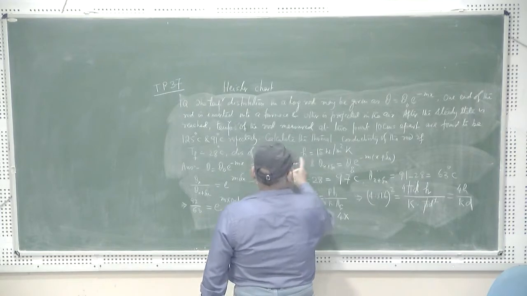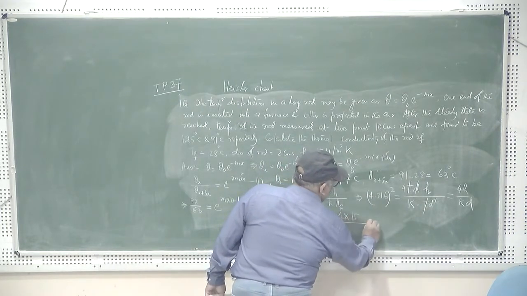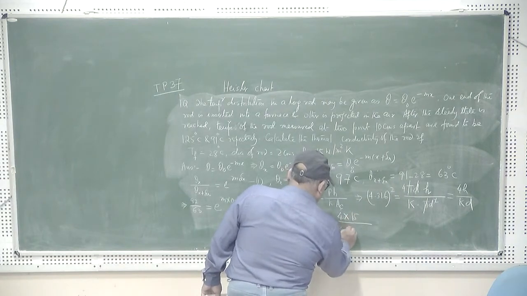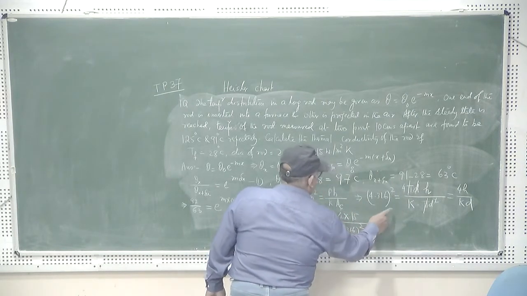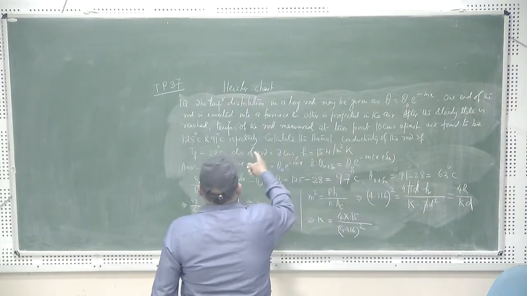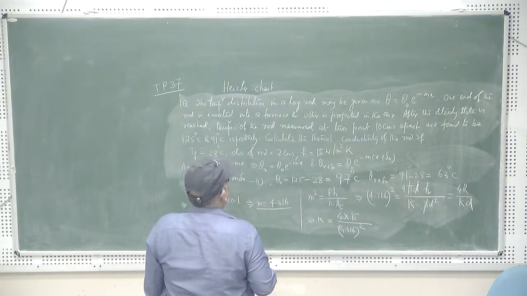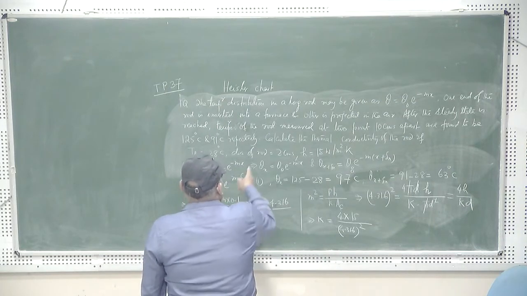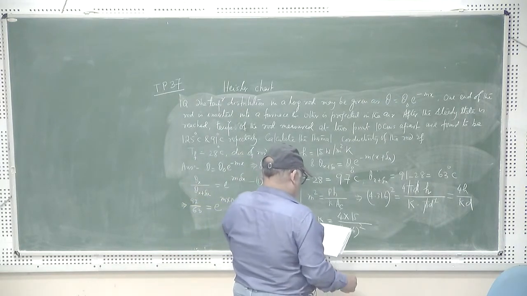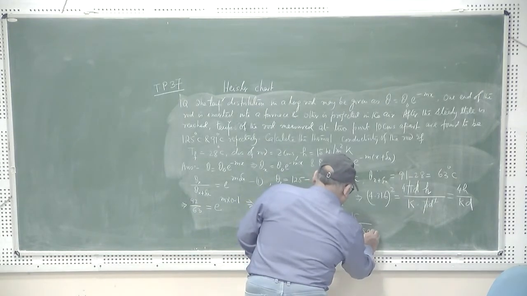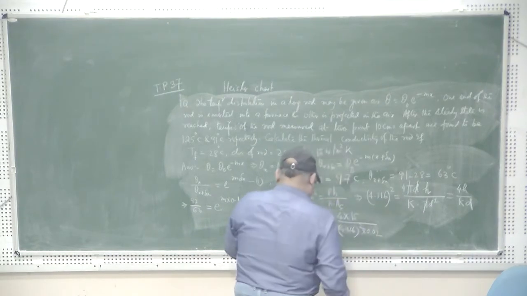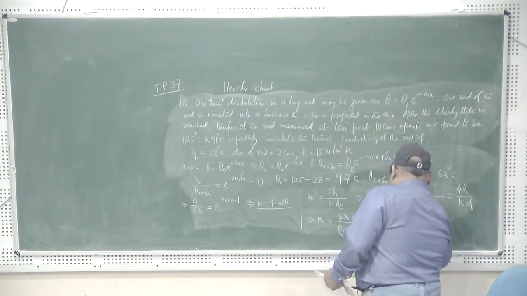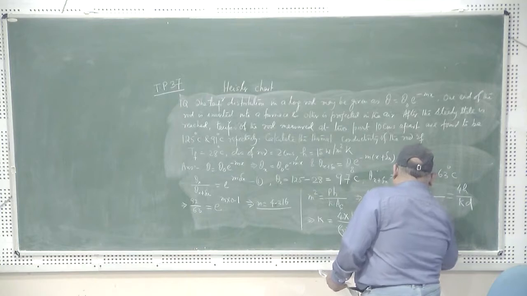What is the value of h given here? 15 divided by 4.316 whole square into diameter. What is the diameter given? Two centimeters. So, 2 centimeter will be converted into meter, that is 0.02 meter. So, when you calculate it, it will come as 161 watt per meter Kelvin. This is your answer.